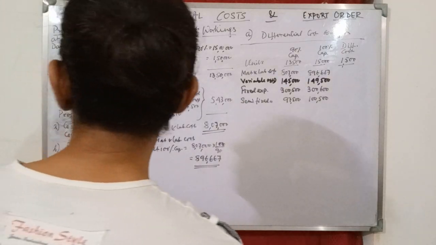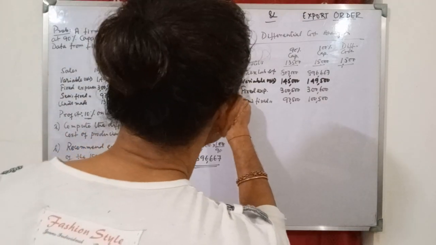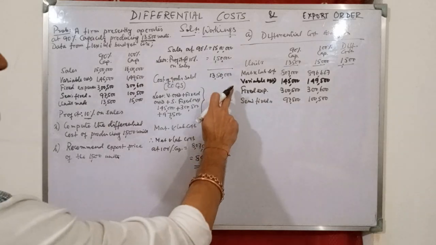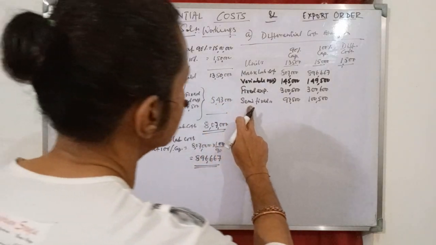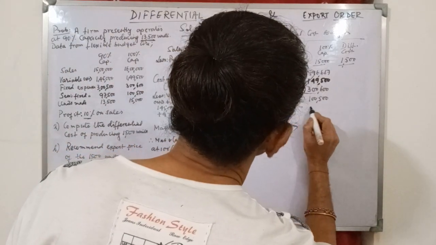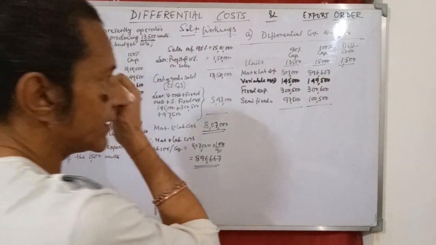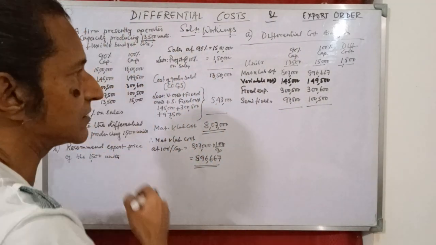So we have incorporated all the costs: material and labor cost, variable overhead, fixed expenses and semi-fixed expenses. Now we can get the total costs and the differential costs.